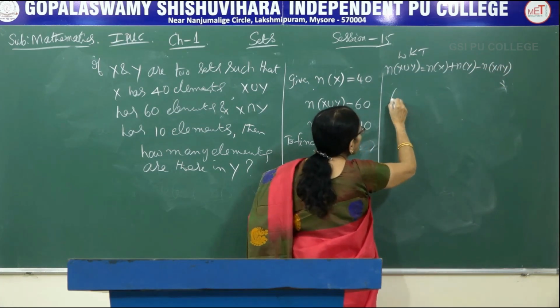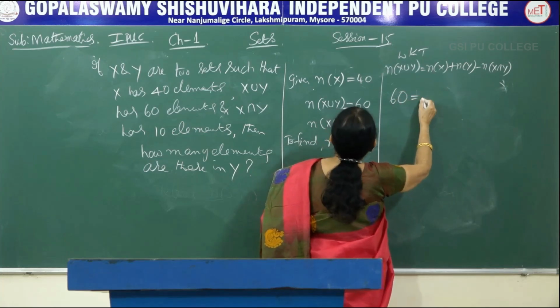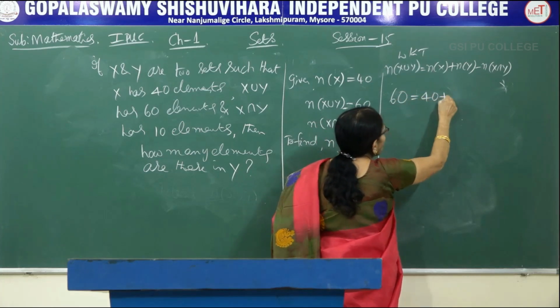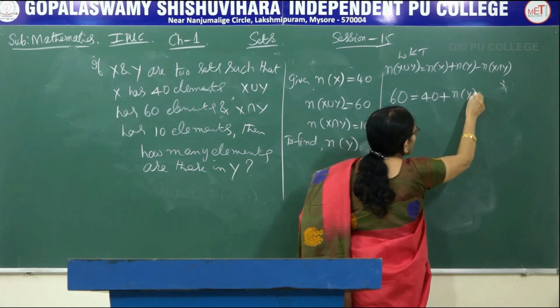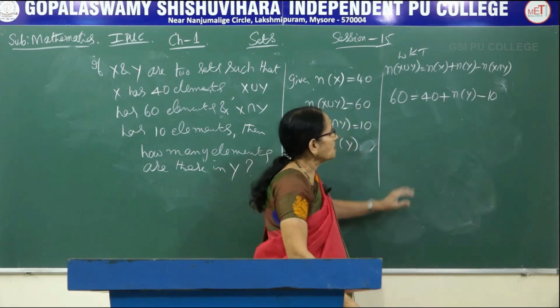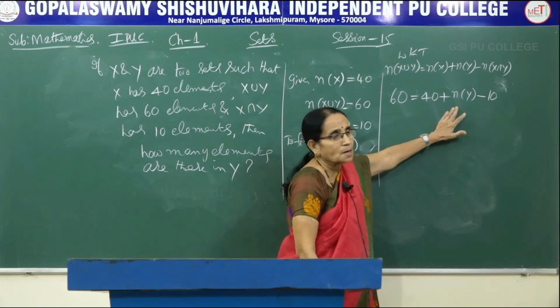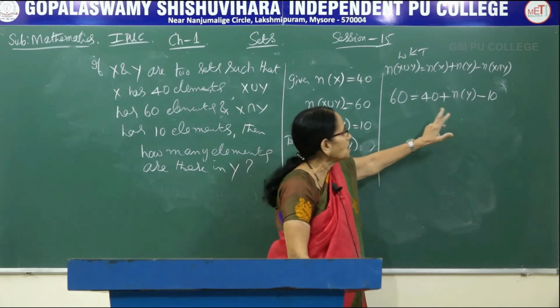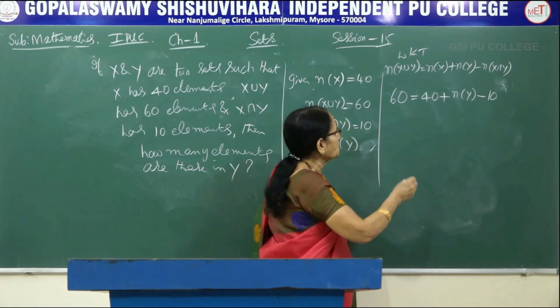Write all the known quantities. This is 60 and this is 40. The unknown quantity you write as it is, minus 10. Now observe, this unknown quantity is on the right hand side. Keep it on the right hand side only. Let me shift the other terms to the left hand side.